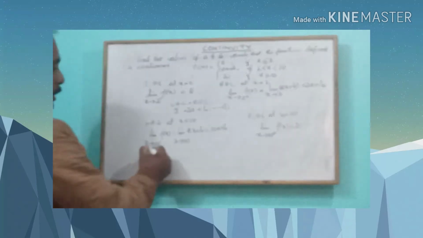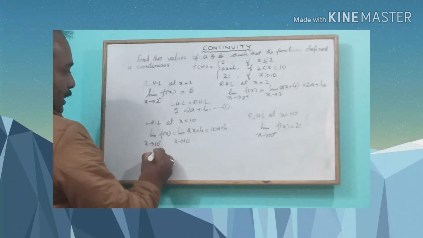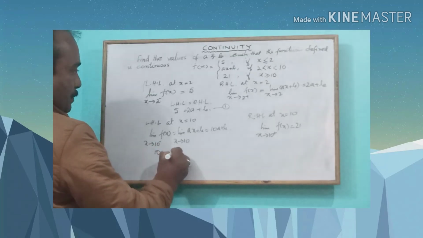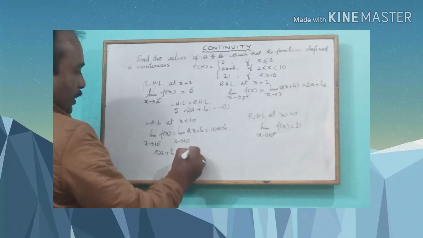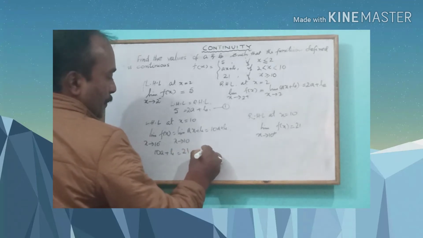So what we get? 10a plus b equal to 21. This is the second equation.